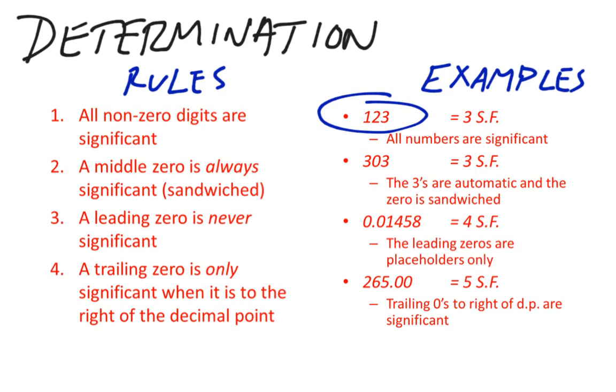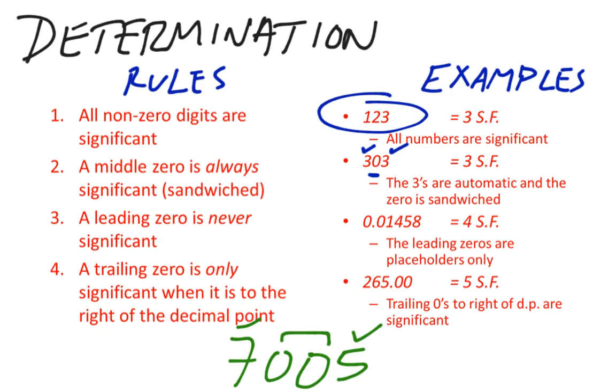When it's sandwiched, as is the 0 in this case here, we're going to have a 3, which is an automatic, and another 3, which is an automatic. And the meat in the middle, that 0 there, is going to be considered significant because it's keeping those 3's apart. I could furthermore take the number 7,005. And because 5 and because 7 are automatic, and the zeros here are sandwiched in between, we would say that this has 4 sig figs.